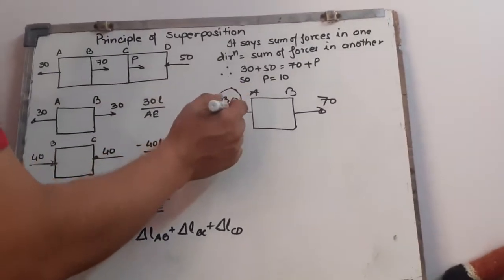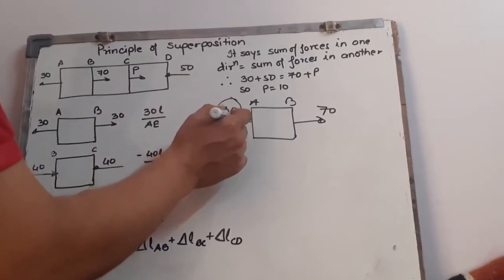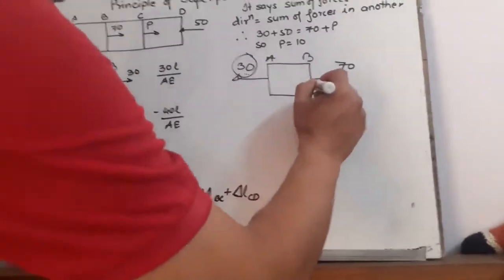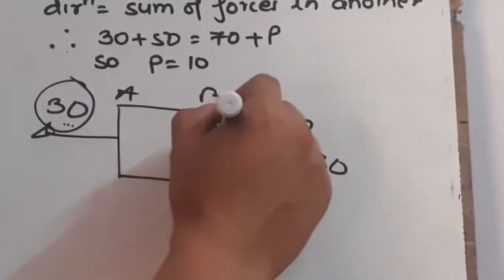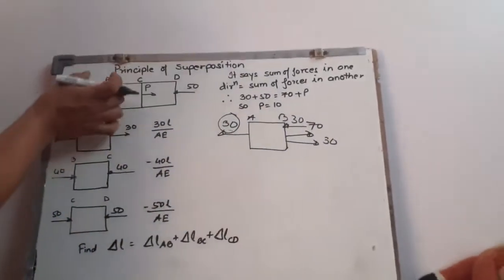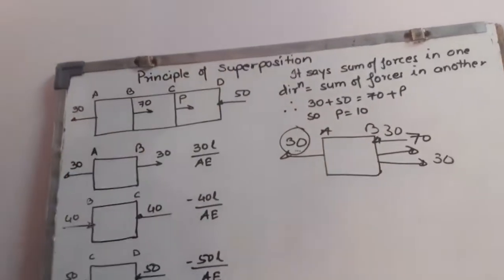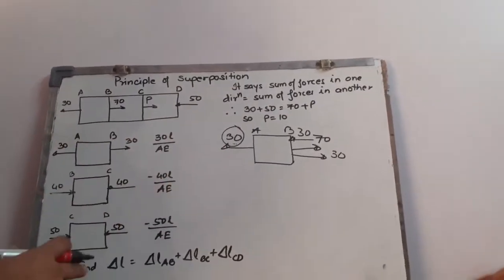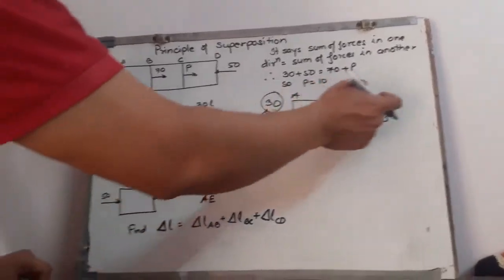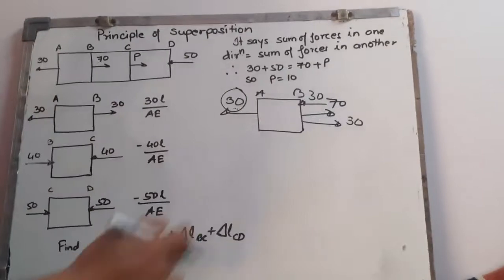So you need to manipulate the right one in such a manner that your purpose is solved. If this is your reference, this has to be kept. The general process is you add 30 depending upon the reference and you subtract 30. If you bring this back here, the principle of superposition is still followed. You are never going out of the principle of superposition, and you have added 30 and subtracted 30.